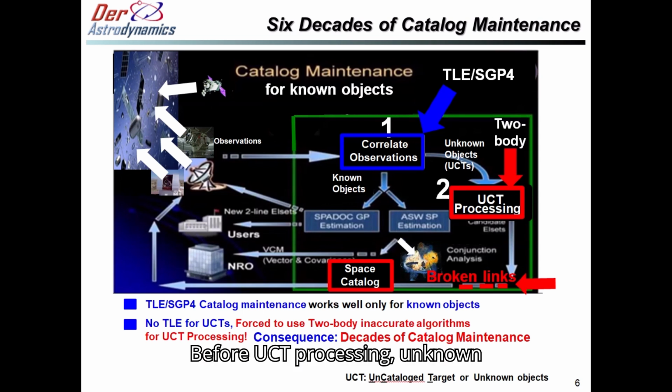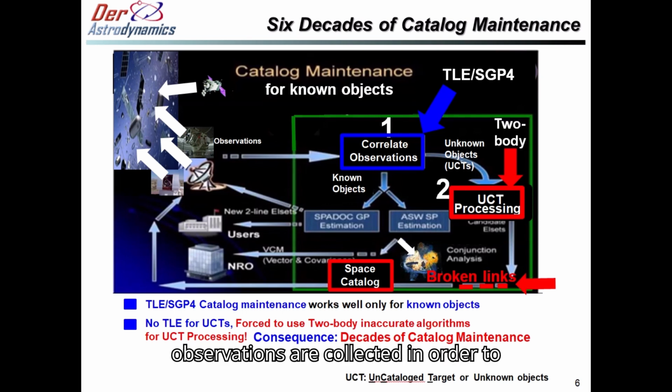Before UCT processing, unknown objects or uncatalogued targets, UCTs, have no TLEs. UCT processing is forced to use inaccurate two-body orbit propagators in box 2 to deduce inaccurate state vectors and converted TLEs of new objects, hoping that future pointing will reacquire the new objects again.